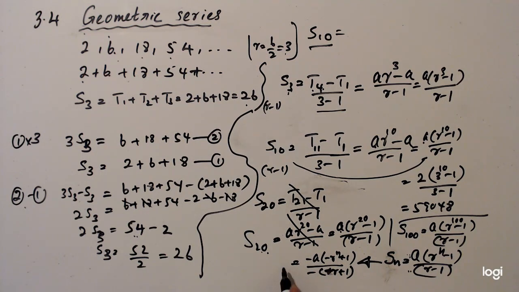So minus and minus cancel out. So Sn is (minus R^n plus 1) over (minus R plus 1). So you can write like this.